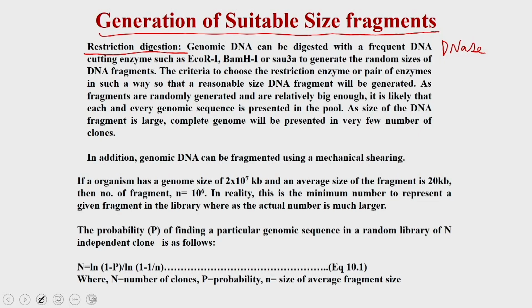For this purpose, you take an enzyme which cuts the genomic DNA very frequently. Although we do not know the genomic sequence of that particular organism, as an experience it is found that if you use EcoRI, BamHI or Sau3A, the cutting sites of these enzymes are very frequent, and very abundant in the genome of any organism.